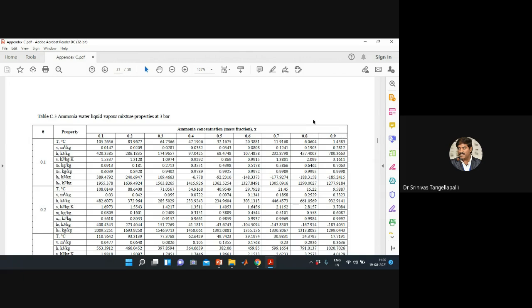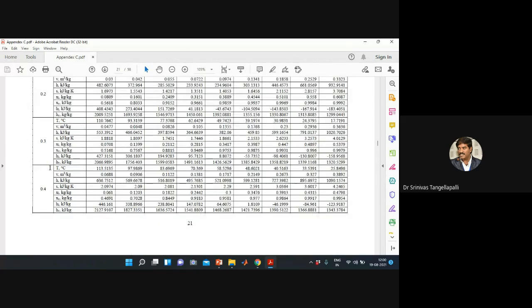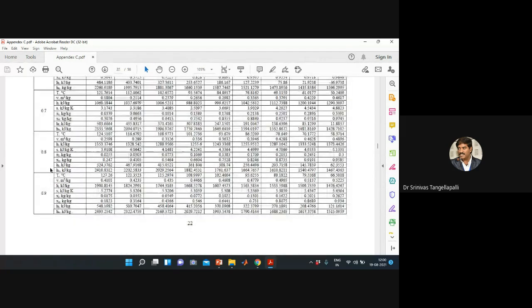Okay, if the pressure is 3 bar, and theta is actually this is phi. I will change the notations. This I prepared long back, and I will update some of the nomenclature. The dryness fraction is changing from 0.1 to 0.9.